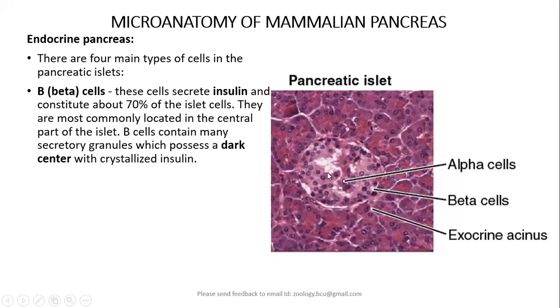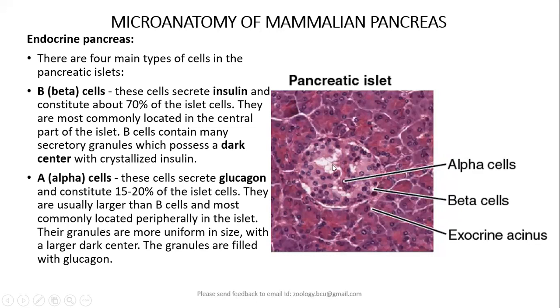These cells are largely located in the central part of the islets. Beta cells also contain many secretory granules which possess a dark central nucleus and also crystallized insulin granules.